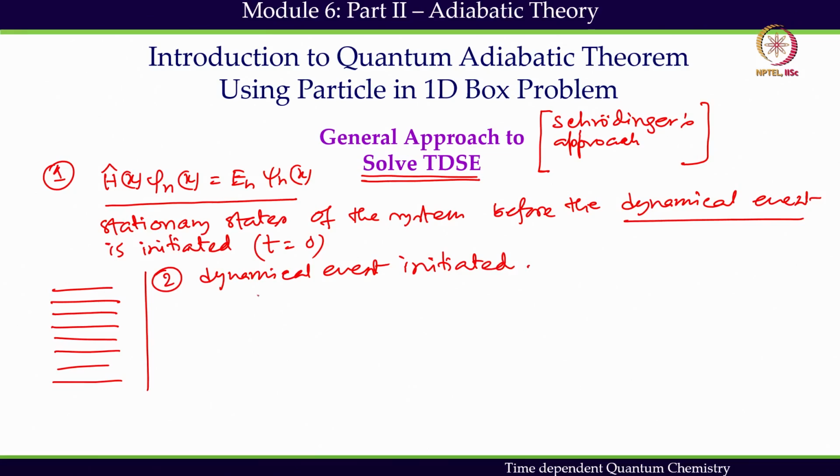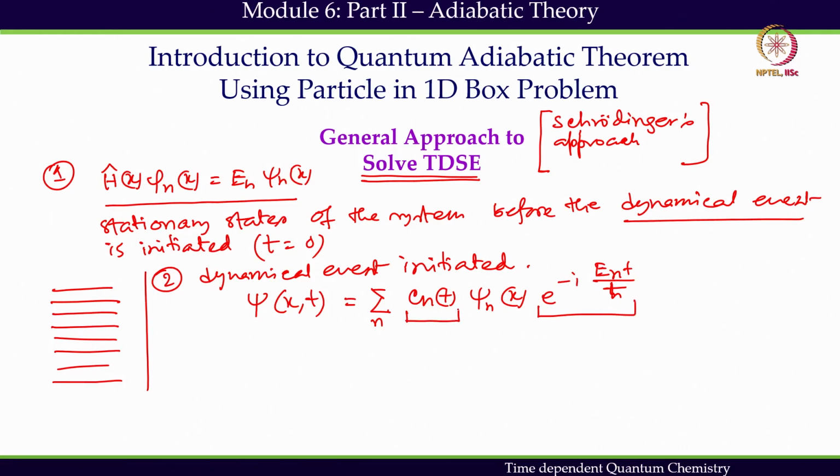It is going to be in the non-stationary state, and the non-stationary state is given by the sum of Cn psi n(x) e to the power minus i En t by h-bar. It is a linear combination of all stationary states with their own phase factors and expansion coefficients.